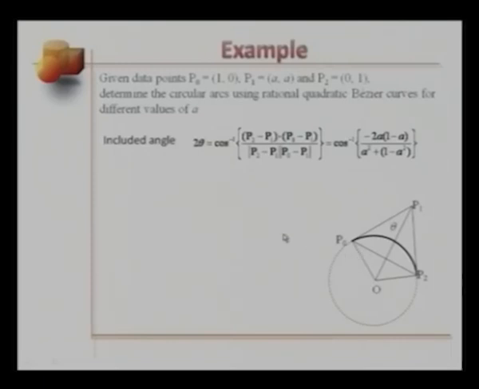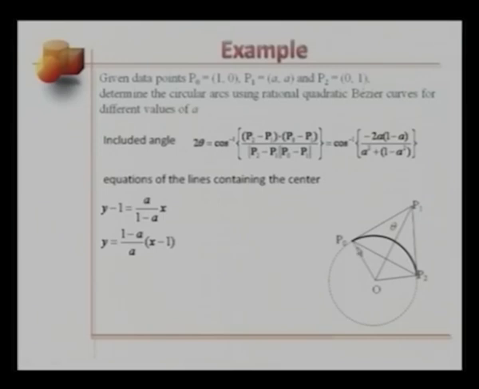Alternatively, what we can do is compute the equations of the lines containing the center O. One of the lines is given by y minus 1 equals a over 1 minus a times x, and the second one is given by y equals 1 minus a over a times x minus 1. All we need to do is either find the equations of these two lines and compute the intersection point here, or maybe find the equation of this line and this line, and compute the intersection point.